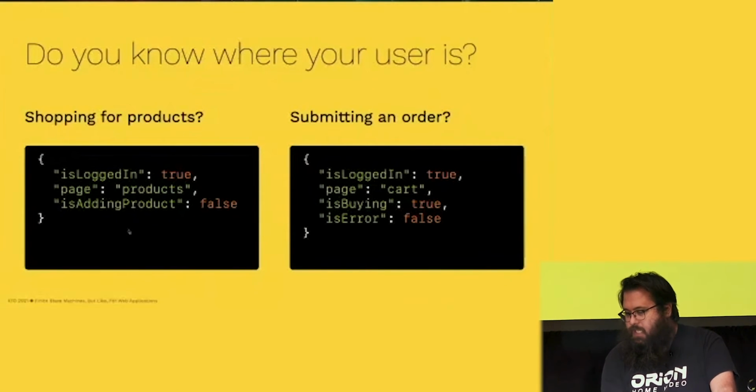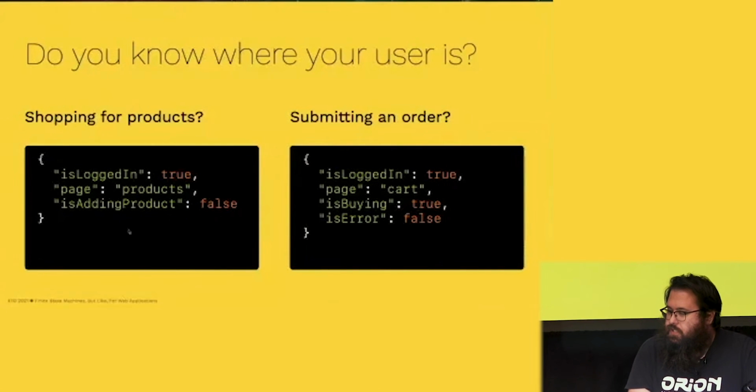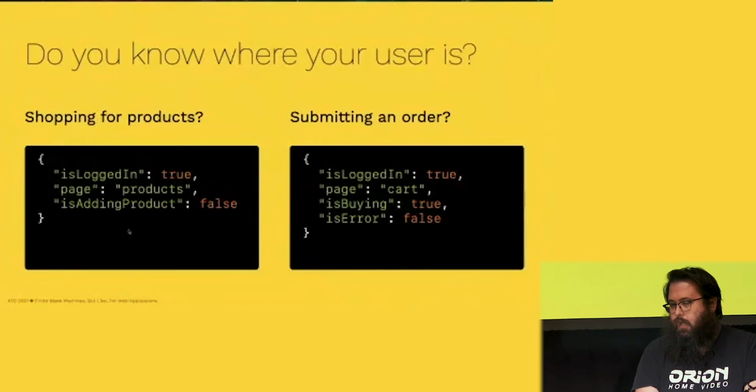And this example is pretty small, and so this isn't too hard to wrap your head around. But as you can imagine, as your application grows, and I'm sure some of you have worked on complicated web apps before, this can get exponentially harder to wrap your head around.